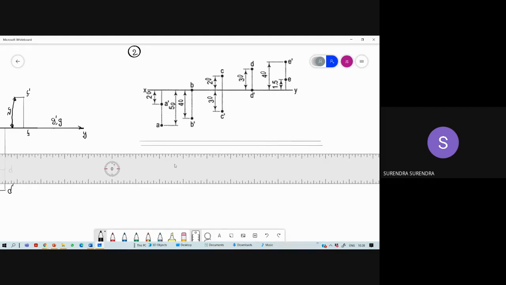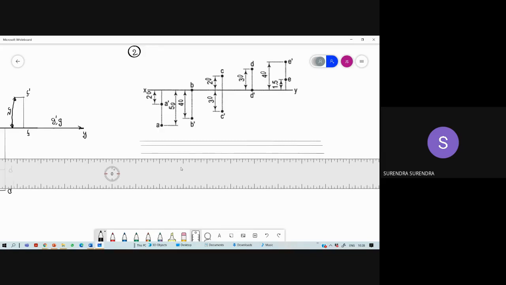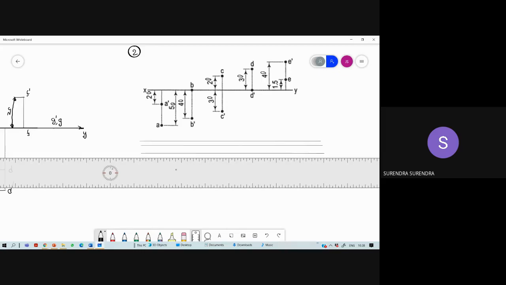And line to line gap, depending on your available space, you can maintain. But letter height must be 4 mm. So draw guidelines with 4 mm height.